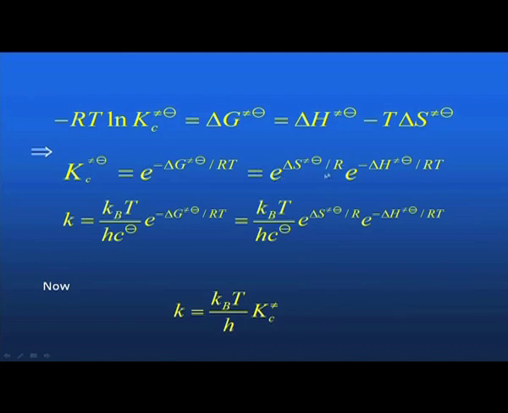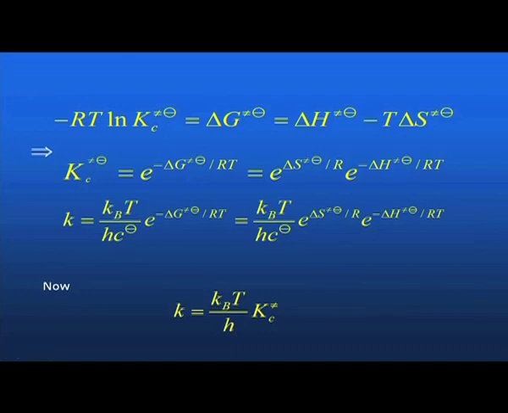One does not have explicit temperature dependence, and the other has an explicit temperature dependence. It has this entropic term, the standard entropy of activation, and this is the standard heat of formation for the activated complex.